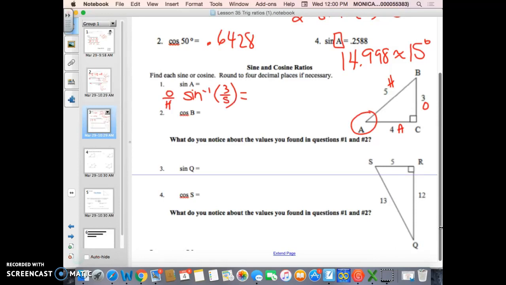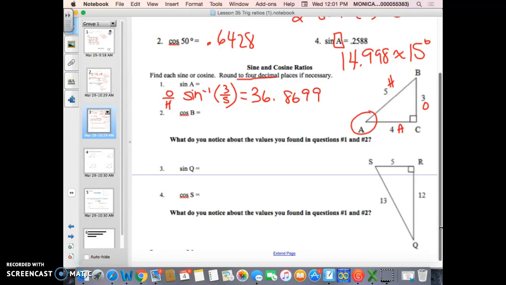So I'm literally going to type second sin 3 divided by 5, close my parentheses, hit enter. You should get 36.86. It says round to 4 decimal places if necessary, so we'll say 36.869.